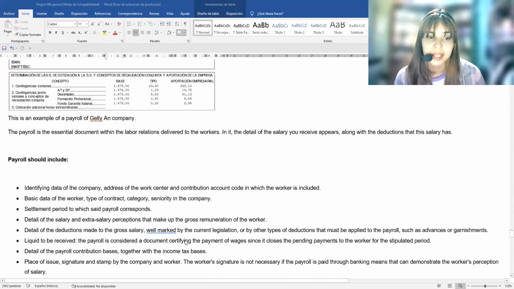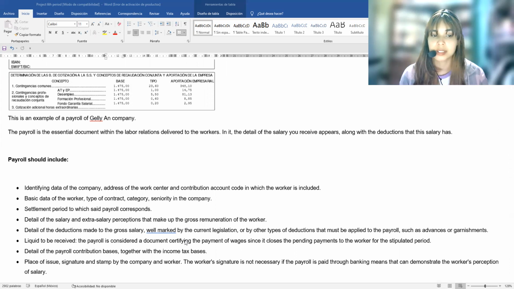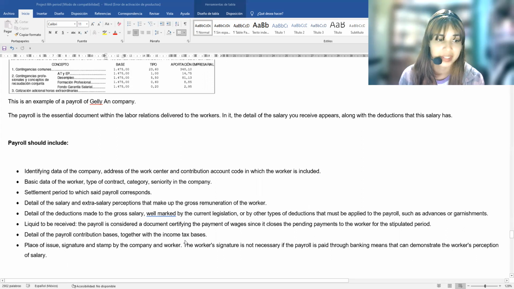The payroll is an essential document within the labor relations delivered to the workers. In it, the detail of the salary you receive appears along with the deductions that this salary has.